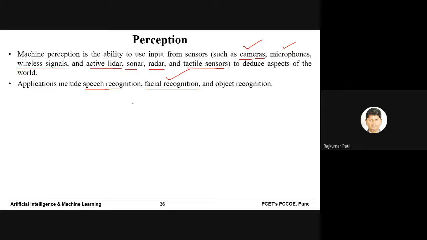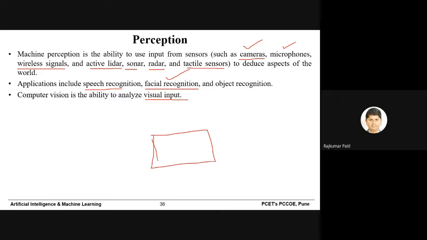So these are the different sensors which convert the given information into other signals, so that some processes are carried out in order to identify a certain object or perception. For example, computer vision is the ability to analyze visual inputs. When images are given to the computer vision system, it will process and produce some output, what kind of situation is there.